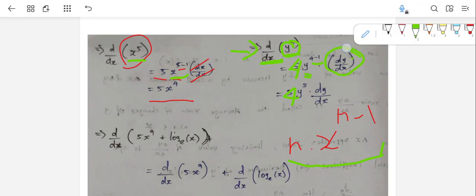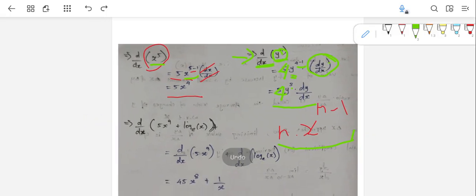That's what I'm saying from the beginning. You need to write this dy by dx. So 4y power 4 minus 1 means 3. So 4y cube into dy by dx. This is the right formula, right answer. If you just write 4y cube, if you are not writing this dy by dx, it's not correct. It's totally wrong. So this is what I was speaking about.